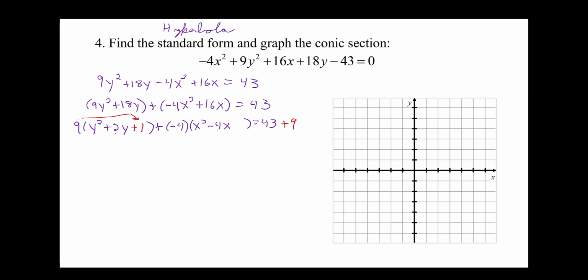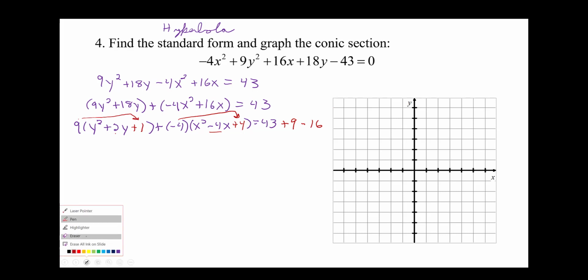For the x's, x² - 4x, if I divide -4 by 2, I get -2. I square -2 to get 4. So x² - 4x + 4. But instead of adding 4 here, what I'm really adding is -4 times 4, which would be -16. So I'm going to subtract 16 from the right side to keep my sides equal.